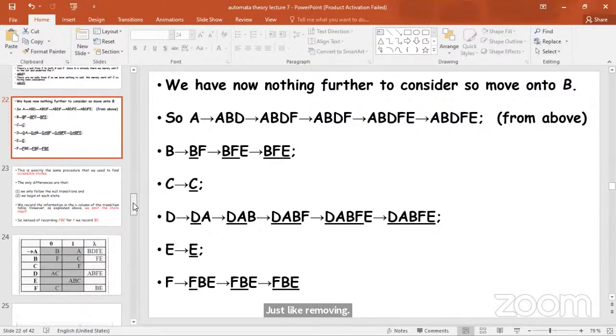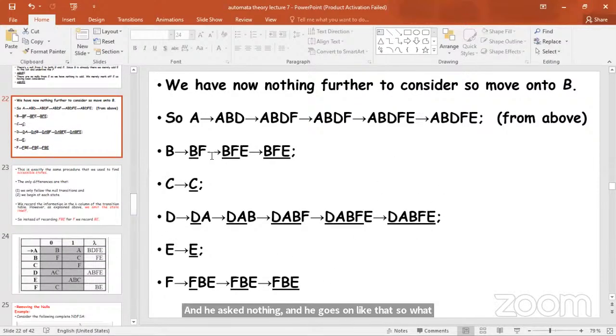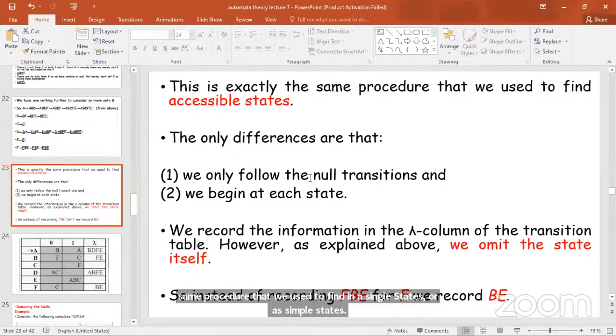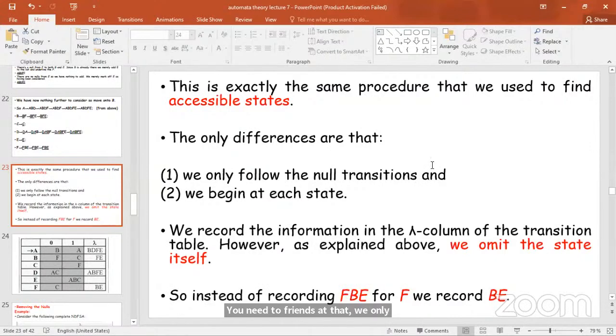So what are you now going to do with all these things you have done? This is exactly the same procedure that we use to find inaccessible states or accessible states. The only difference is that we only follow the null transition. So it is the null transition column that you follow.